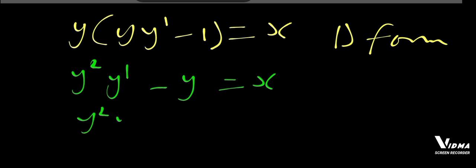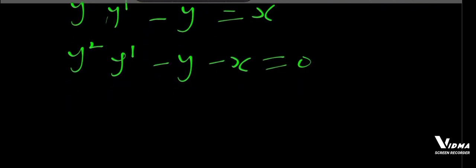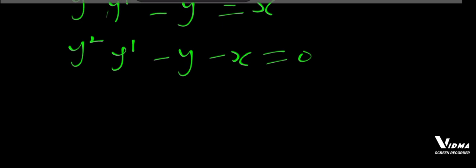So we have y square y prime minus y minus x being equal to 0. And the next thing we are going to do is this.